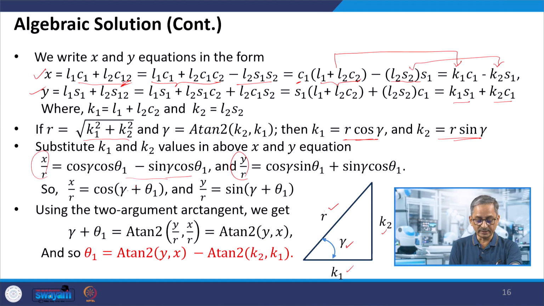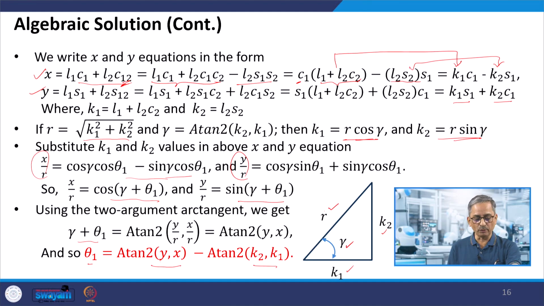And this is nothing but cos of gamma plus theta 1, and this is sin of gamma plus theta 1. Okay. So, I can get gamma plus theta 1 as atan2 of y by R comma x by R, or y x. All right. So, from here I can get the value of theta 1.